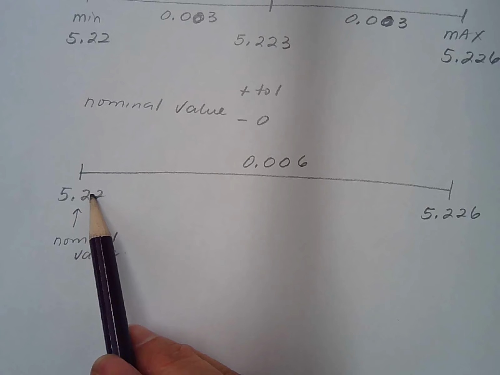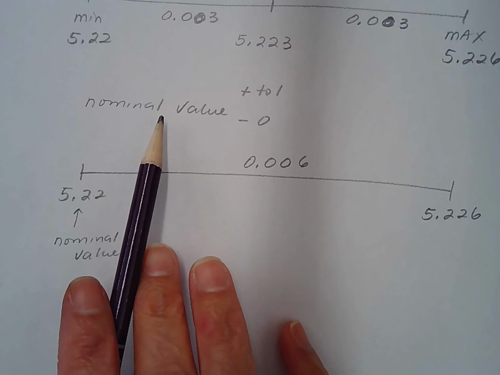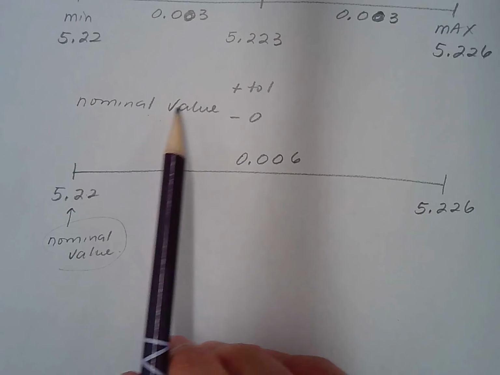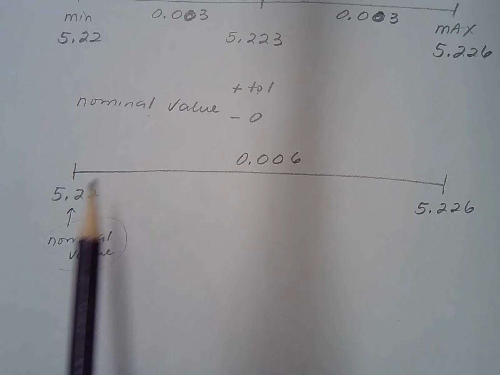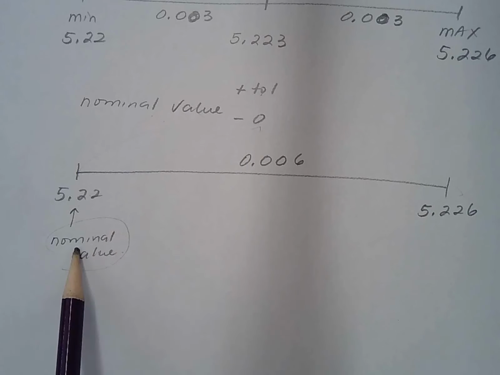So to go from minimum to maximum, so nominal value, right here, this is our nominal value. We're gonna add the full tolerance to get to that part. And then we can't go any lower, so that's where we are.